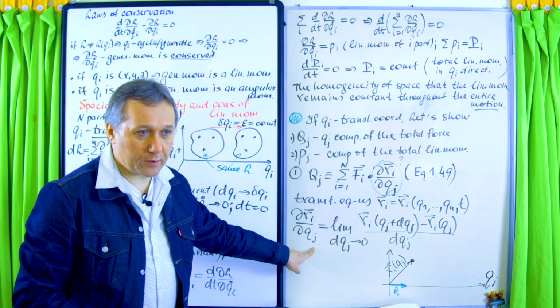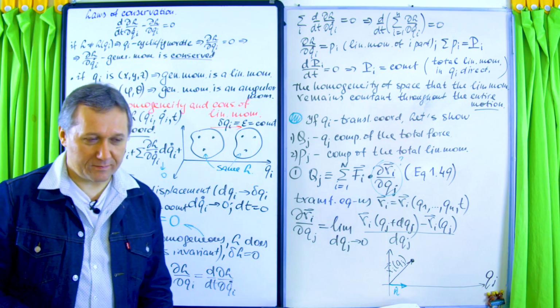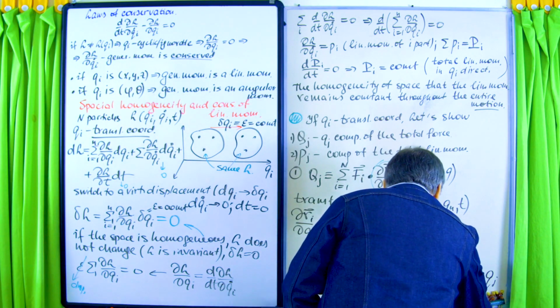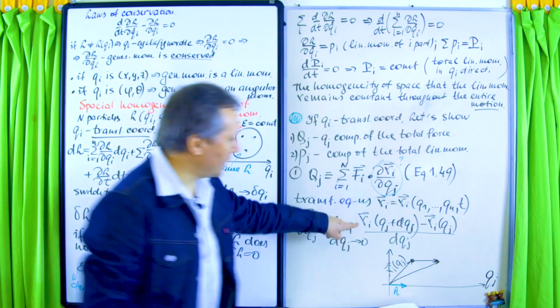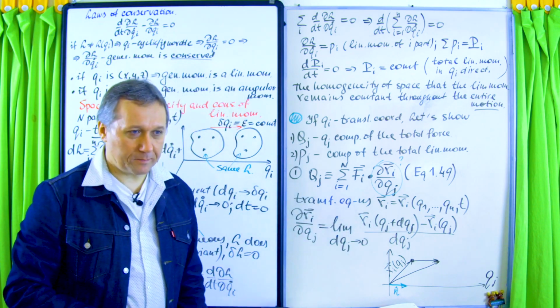The rest are held constant. So basically, it's a displacement along this axis, right? So it will be along this, and the new position is defined by this Ri, which is a function of qj plus dqj.